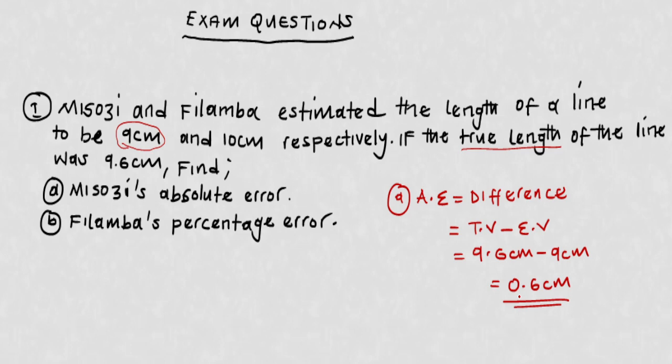Let's look at part B. We calculate Filamba's percentage error. How can you find percentage error?